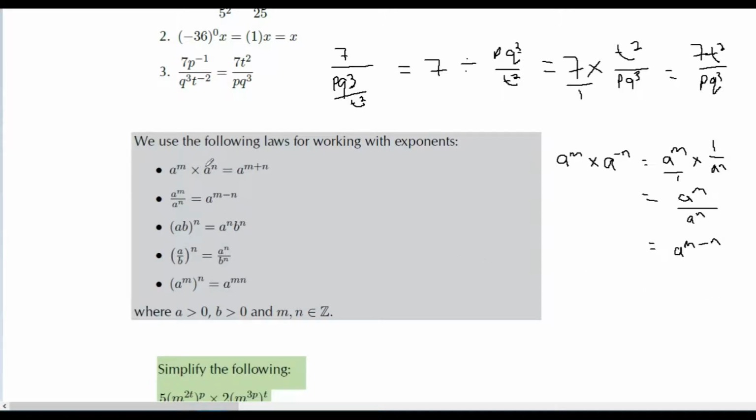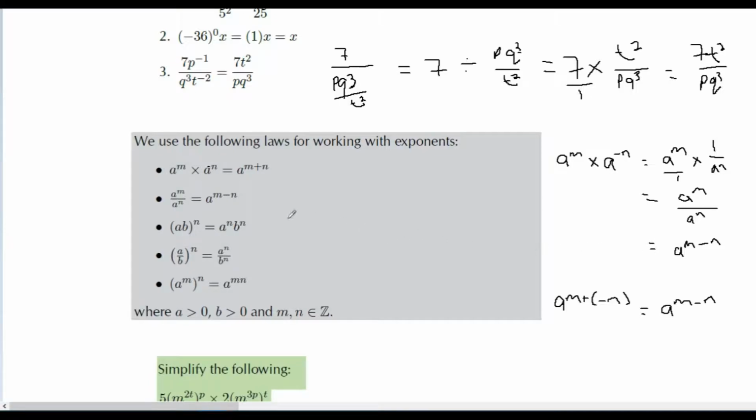If we use the first rule, a to the m plus, but if we made it negative, it becomes negative n, and the positive times the negative is a negative, so we have a to the m minus n. So you see how we use the first rule in one case and the second rule in the other, and it gave us the same thing, which is what we started with and ended with, right?